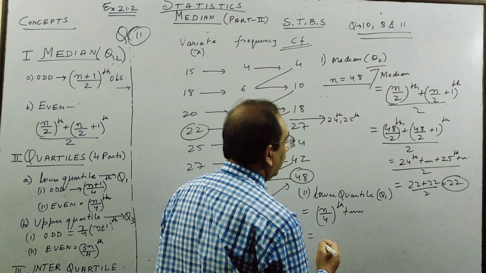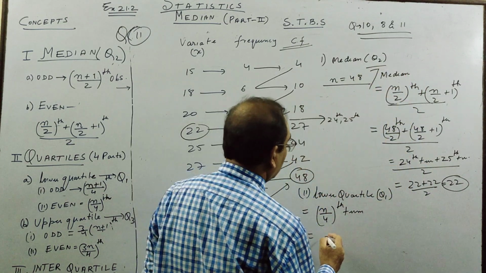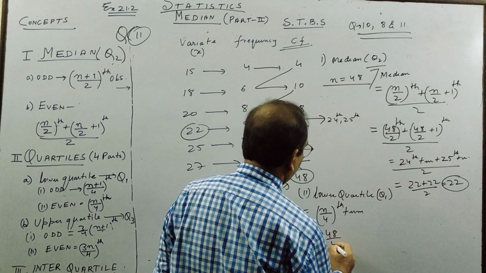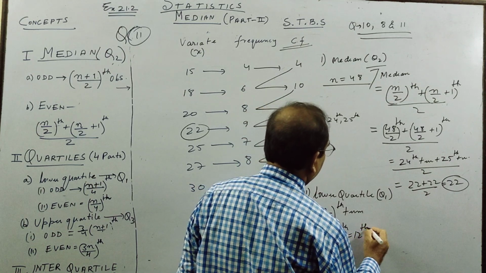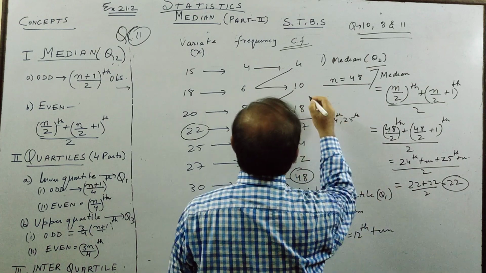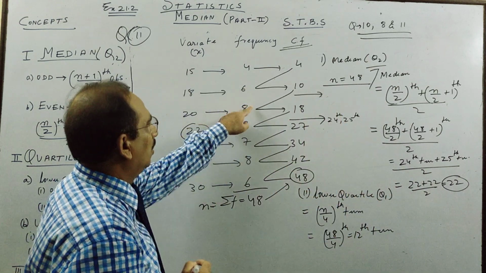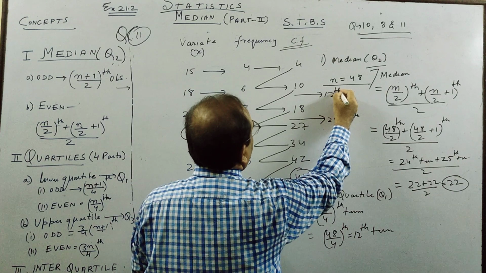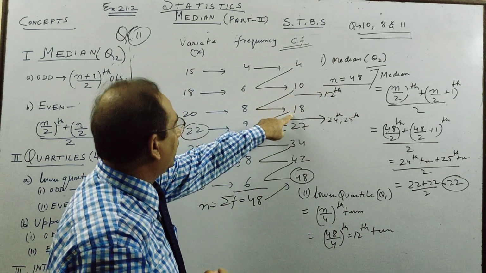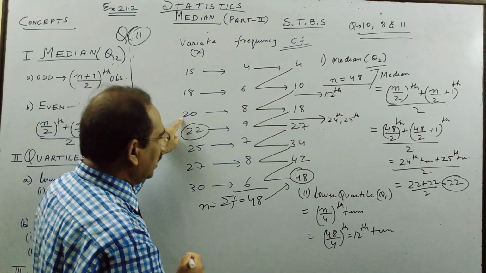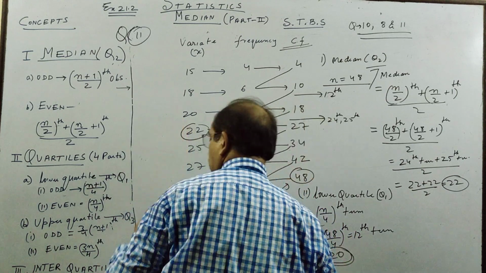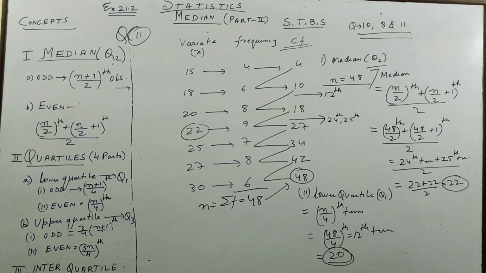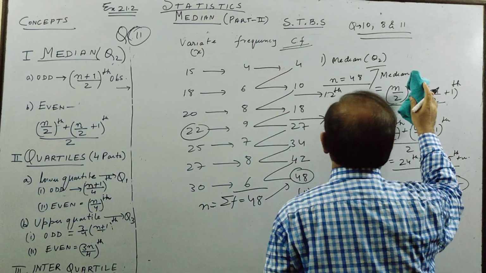So what do we get? 48 by 4 is the 12th term. So see, 12 comes here, the 12th term. Between 10 and 18, take the upper value, that is 20. So lower quartile is 20, and then we will go for upper quartile.